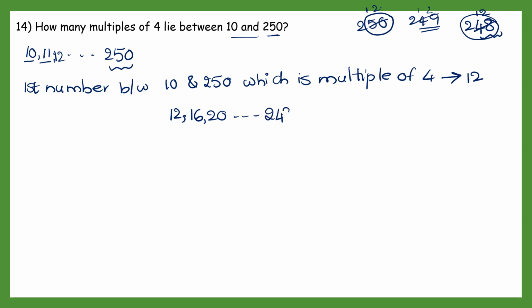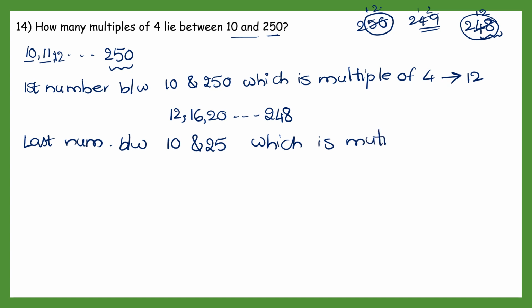So the last number between 10 and 250 which is a multiple of 4, that is divisible by 4, is 248. So our arithmetic progression is what?